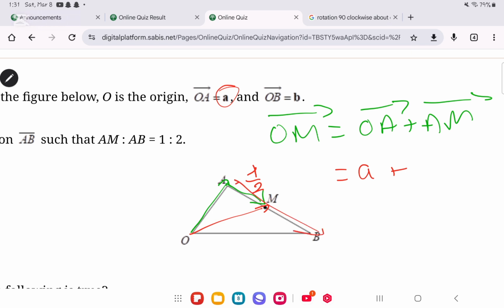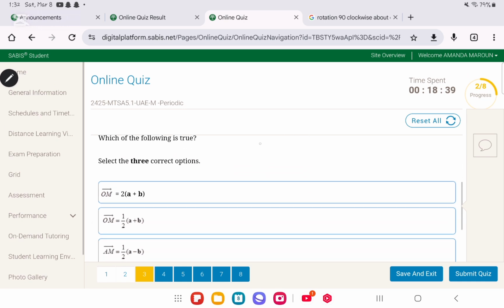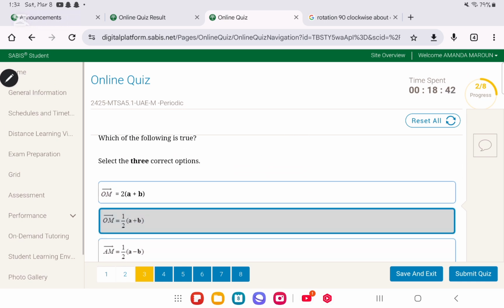AB is minus A plus B. So AM, which is half of AB, is half of minus A plus B, which is minus 1 over 2 A plus 1 over 2 B. So very simply, it is 1 over 2 times A plus B.